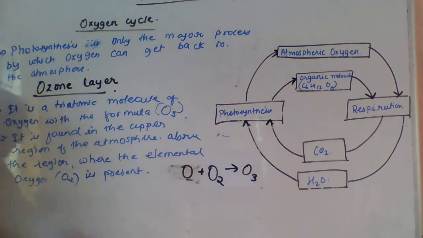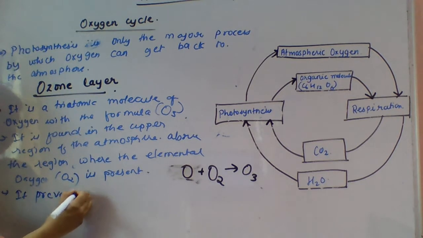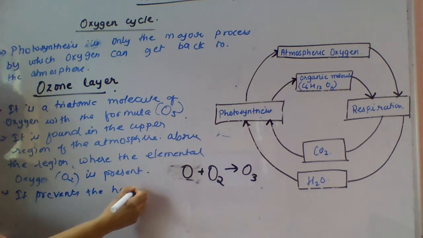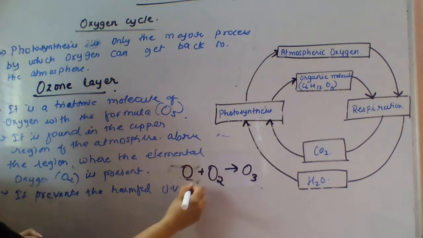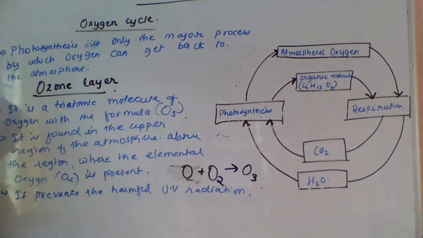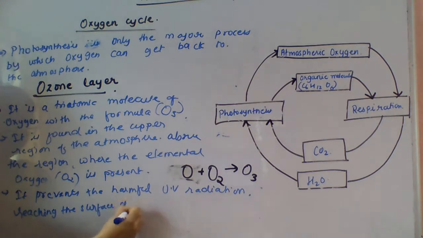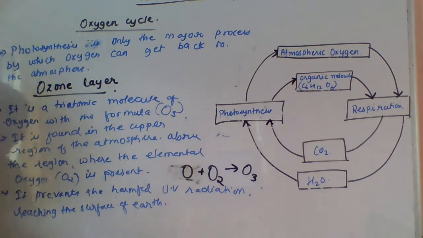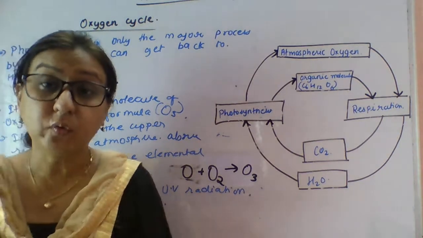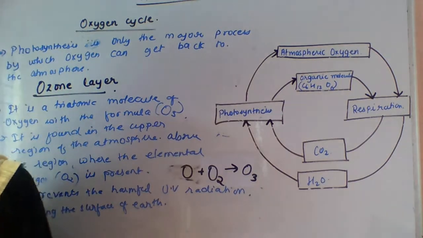It prevents harmful UV radiation from reaching the surface of the earth. This protects the life forms from the damaging effects of UV rays. Hence, it protects us, the different life forms, from these harmful UV rays.